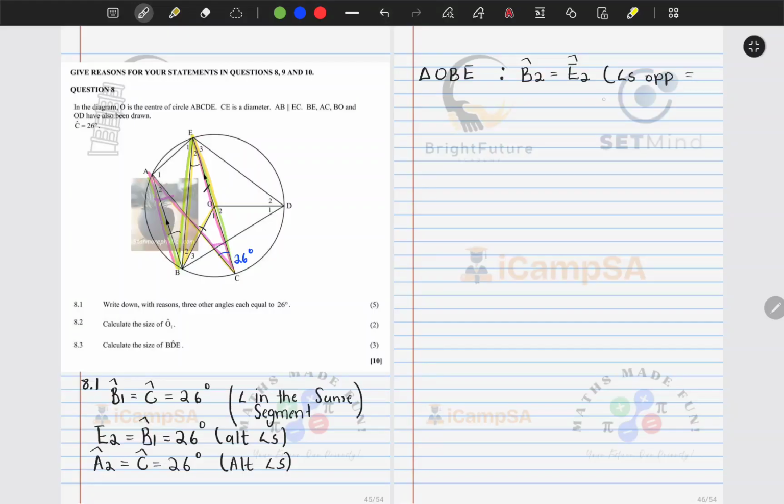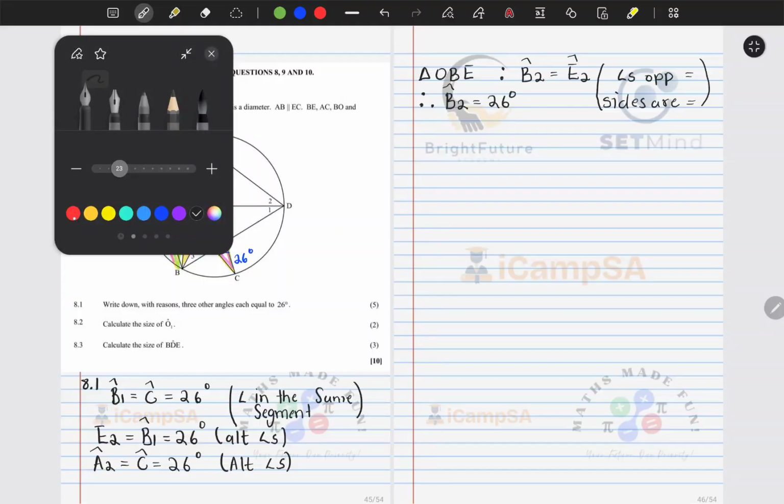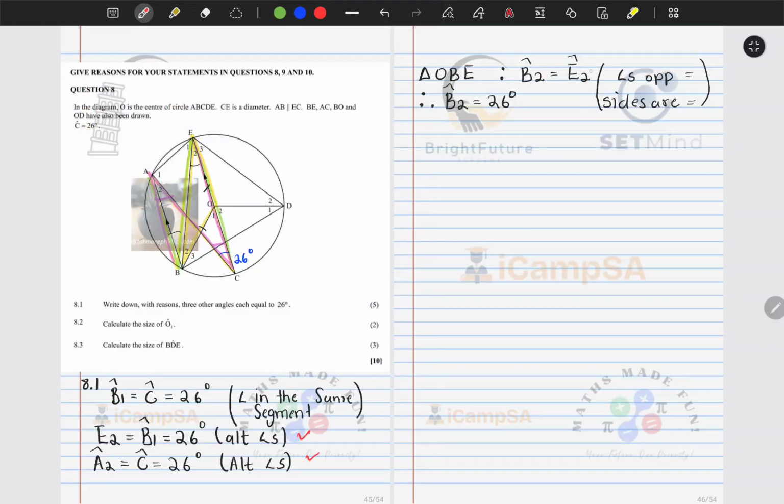Angles opposite equal sides are equal, okay. So that is why these are equal. Just write your reasons in full. Therefore our B2, we have found our E2 already to be 26, so this becomes 26 degrees. So we have all the marks. You have your 3 angles, and you get marks for the reasoning. Okay. So I hope that this does make sense.